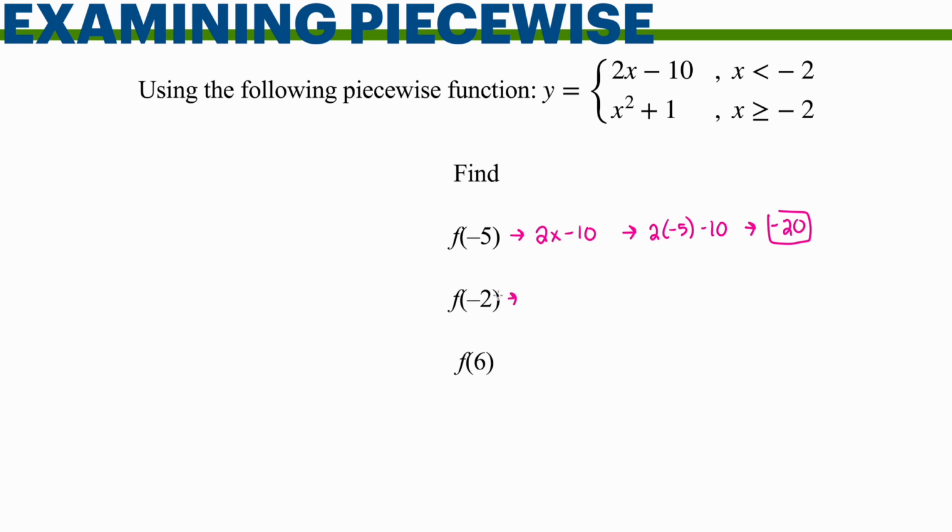Then -2, so you're looking for which one includes the -2, which is the bottom function. So I'm going to plug in -2 squared plus 1, which is going to give me a 5, because negative squared is positive. And then 6 is also going to be in the second function. So 6 squared plus 1 is going to give me 37.